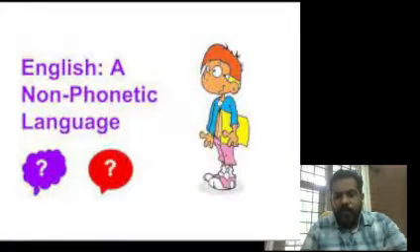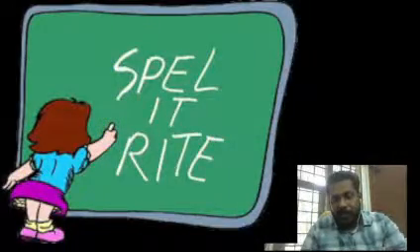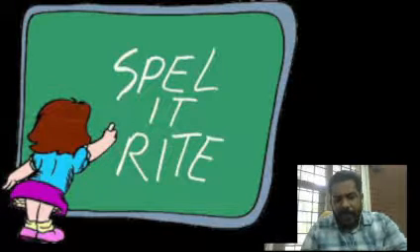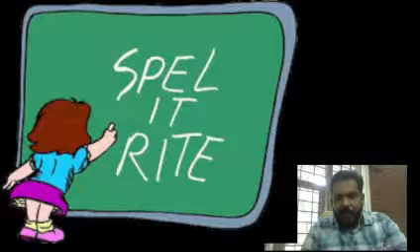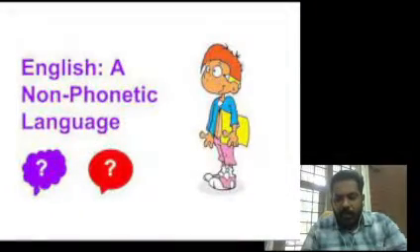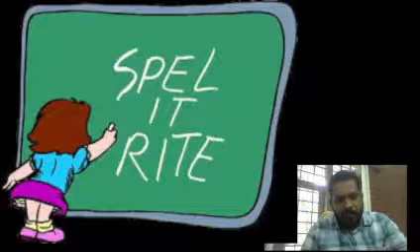We should not pronounce the sound R if it comes at the end of a word, for example player, teacher, driver. In such words the R comes at the end, so we should not pronounce it.